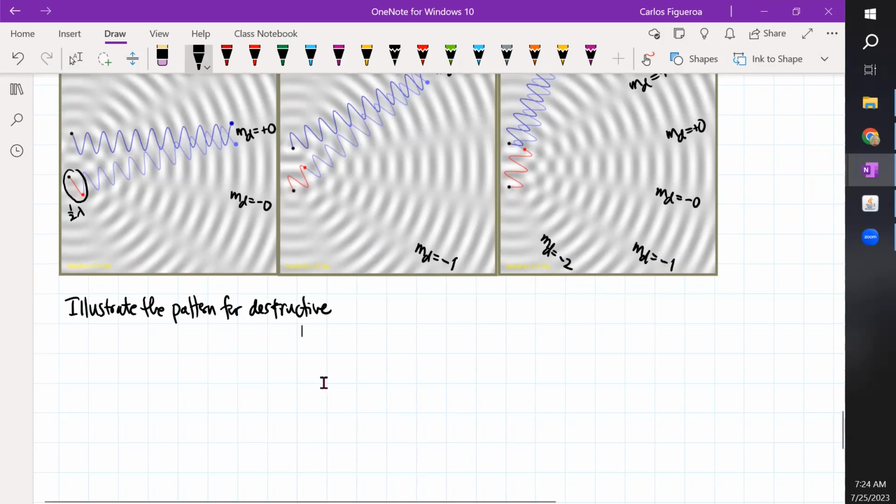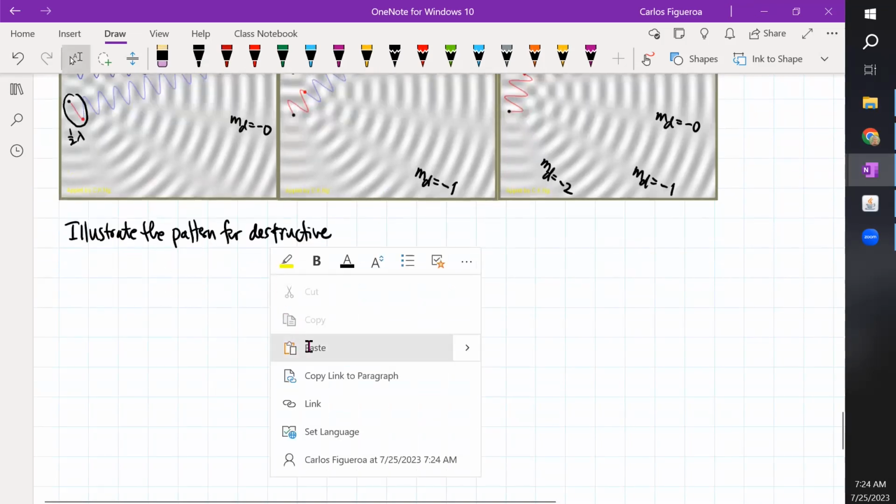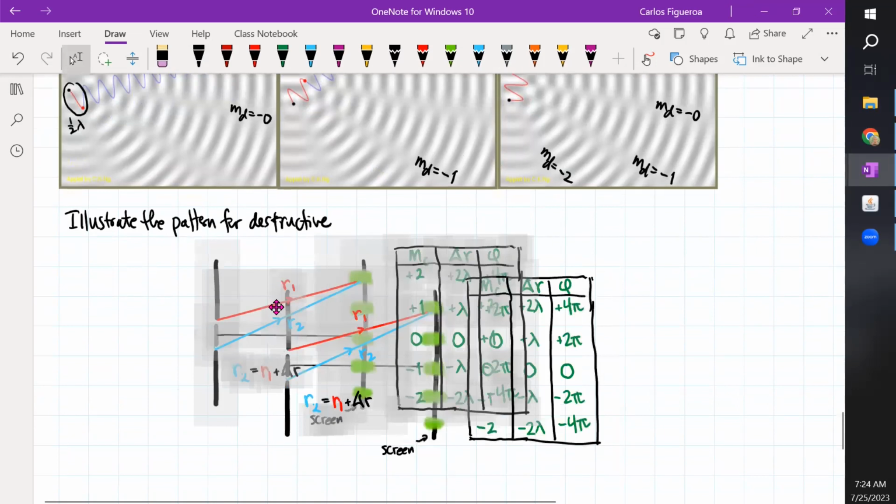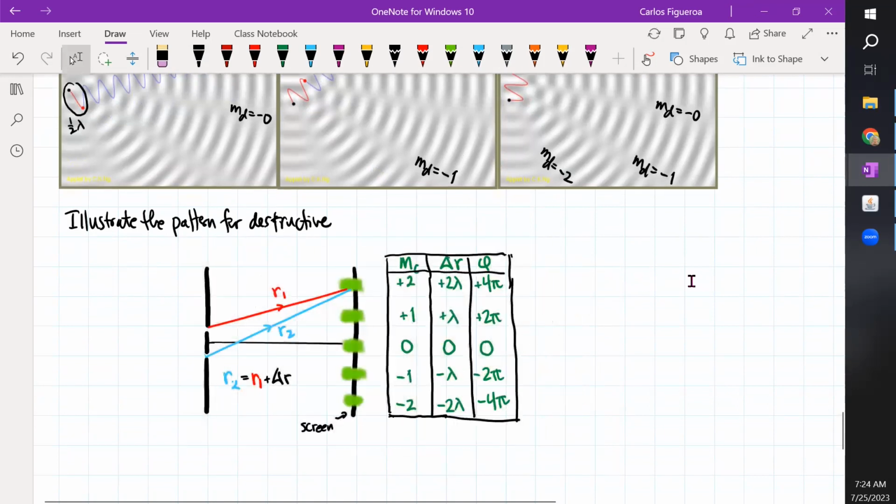So if I click this guy here, now here's what I'm going to do. In this case, instead of green, I want black, right? Because these are dark fringes.